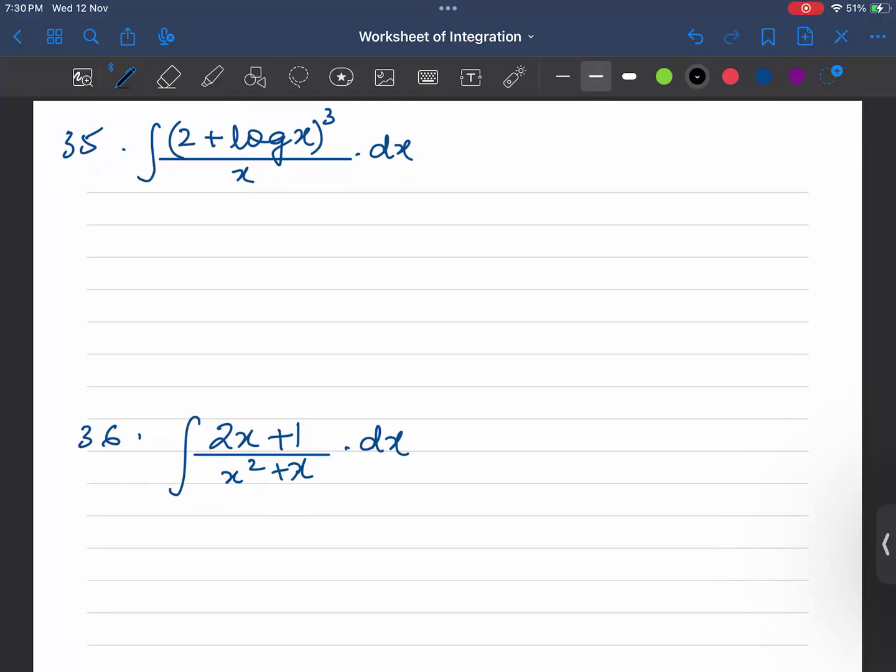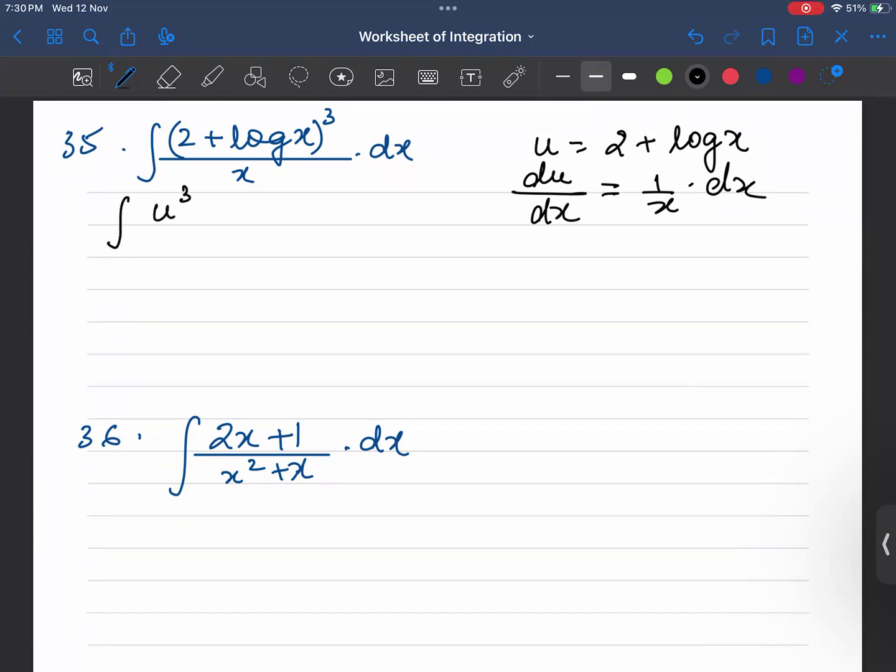Okay? When we say 1 upon x, we know it's the derivative of log x. We can write u equals 2 plus log x. We can write du upon dx equals 1 upon x. Right? Now, by substituting, I can write u power 3 upon x.